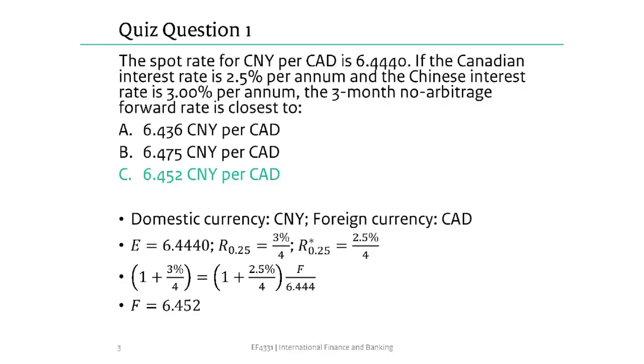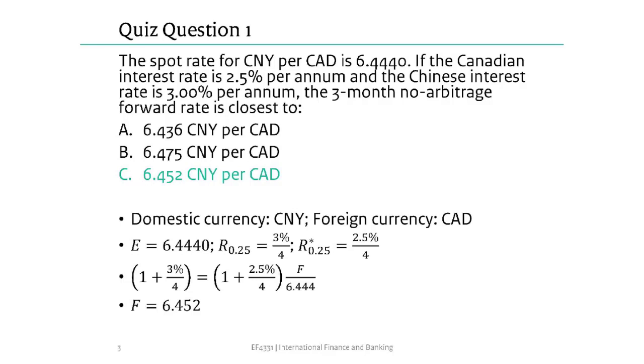Based on the quote, CNY per CAD, CAD is in the denominator. Therefore, the Canadian dollar is the foreign currency. Chinese yuan, on the other hand, is the quote currency, the numerator. Once you establish what is the foreign and what is the domestic currency, you can easily assign R and R star. Then you just apply CIP or UIP. You know exactly what to solve for.